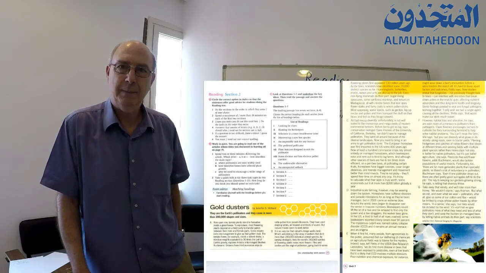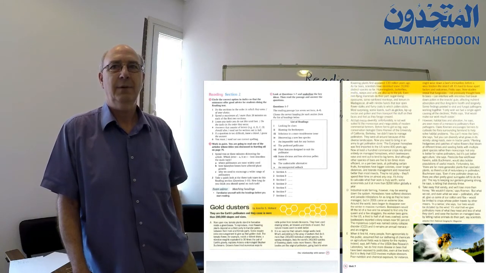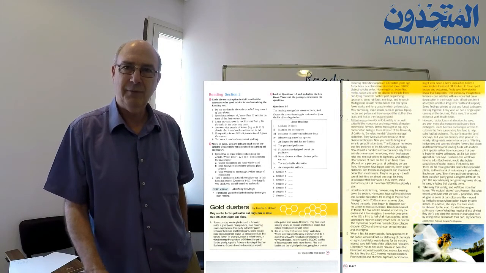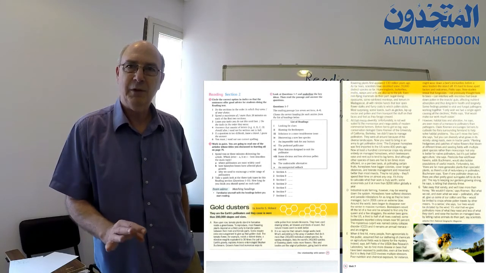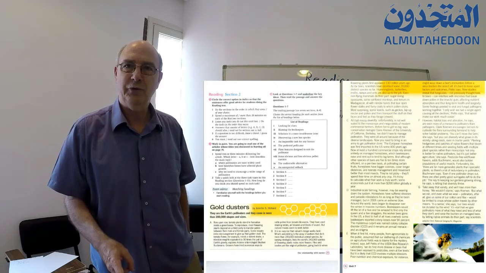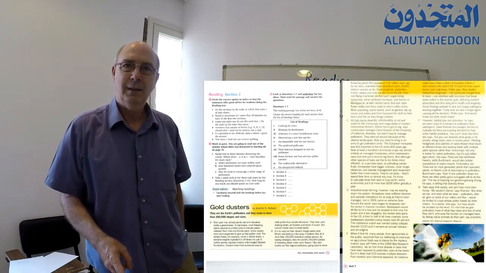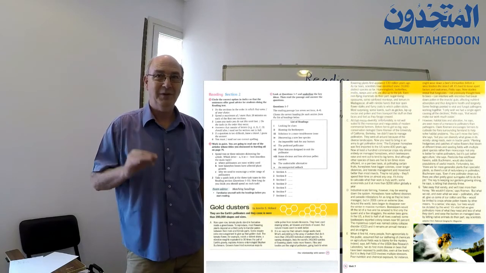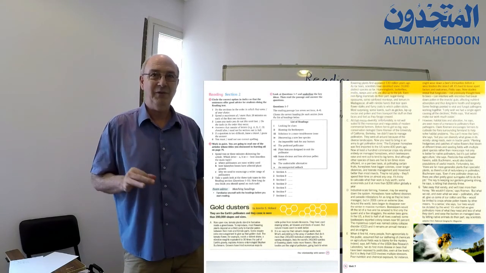So what does that mean? Are we going to use all the headings? No. We have to find a heading for each paragraph, so we only need 7 of these headings. That means 3 of them we're not going to use. And those 3 can sometimes cause problems because they're going to be similar to a few answers, but not the best answer.